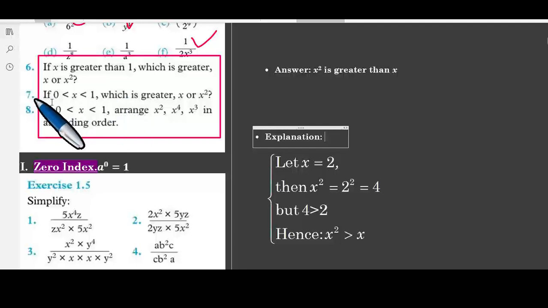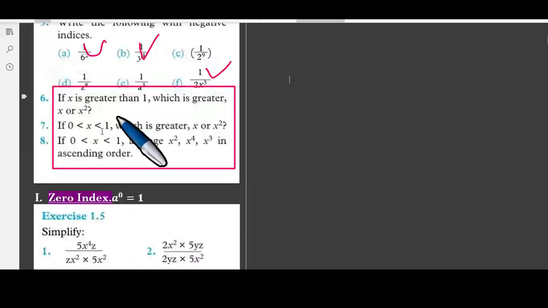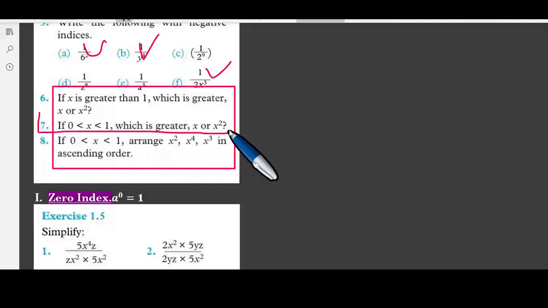Now number 7. If x is between 0 and 1, which is greater, x or x squared? Let me show you.